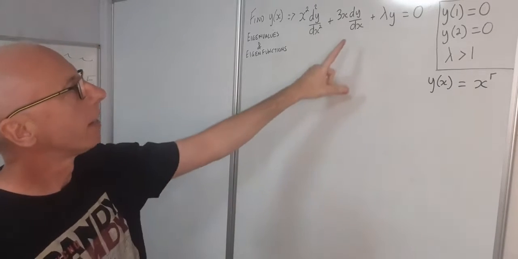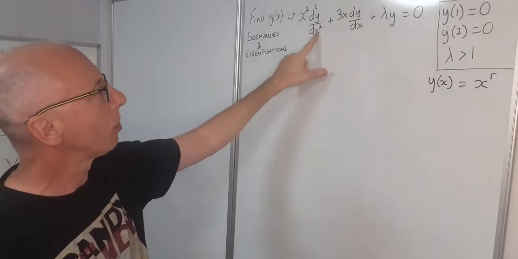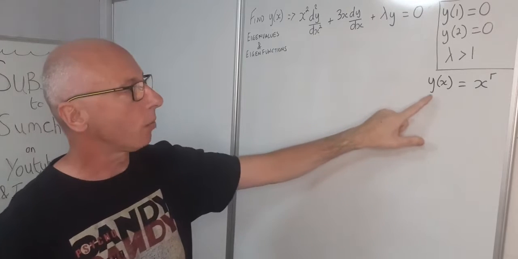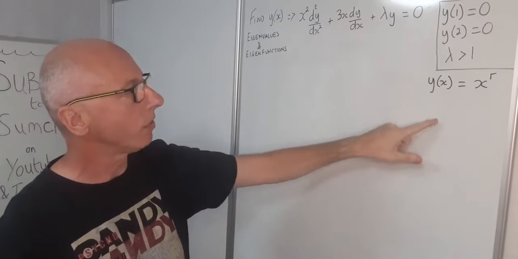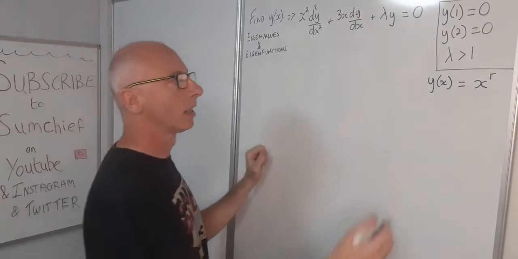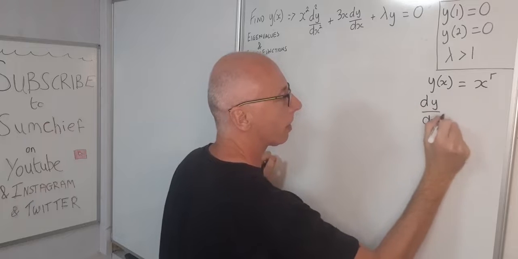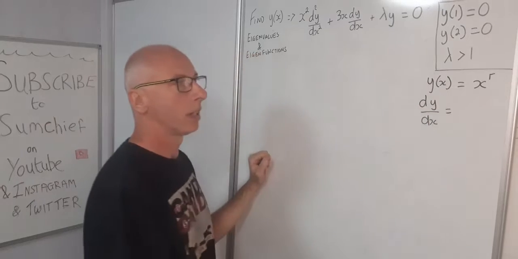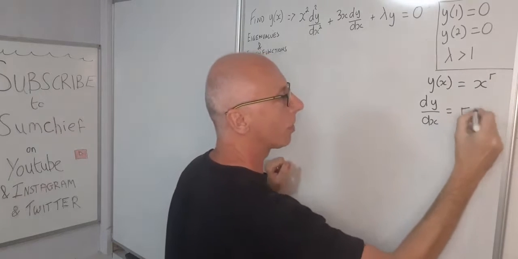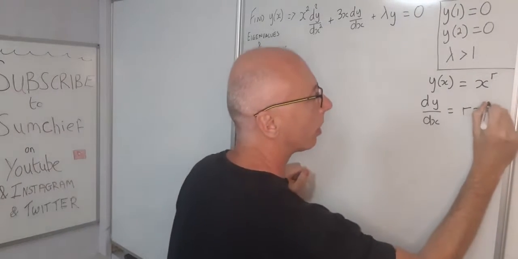Okay, now we've got a first derivative and second derivative of y with respect to x. So if we take the first derivative and second derivative, we can plug that in and see where that takes us. So dy/dx, the first derivative of this, obviously using the power rule, r comes to the front, the x stays, and then we reduce the power by 1.